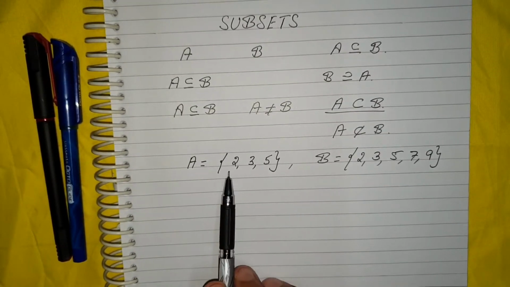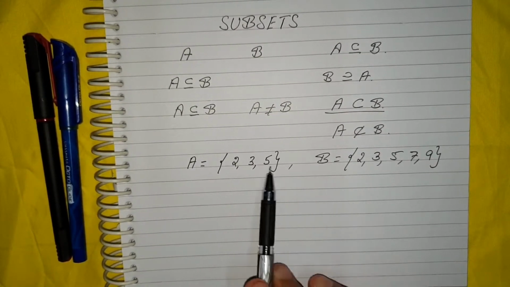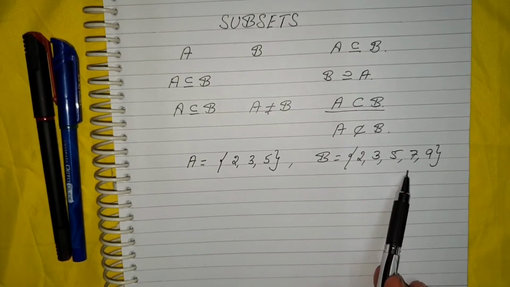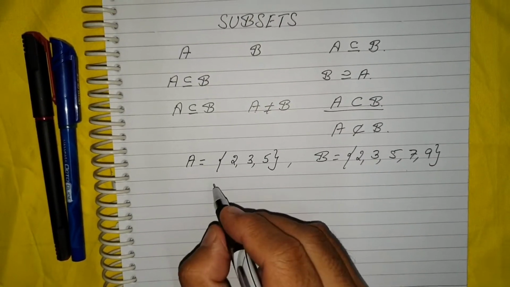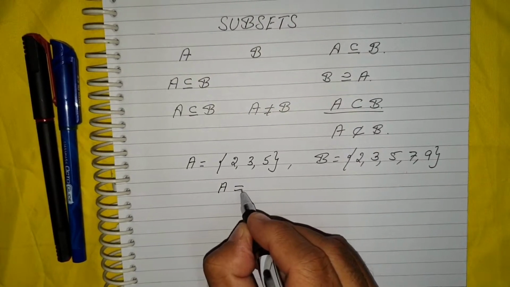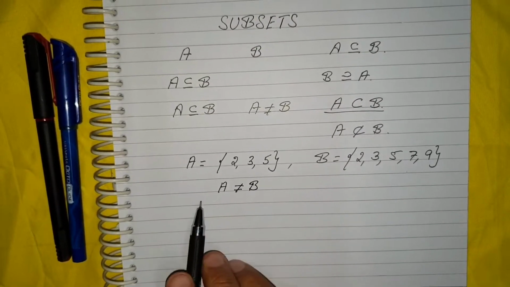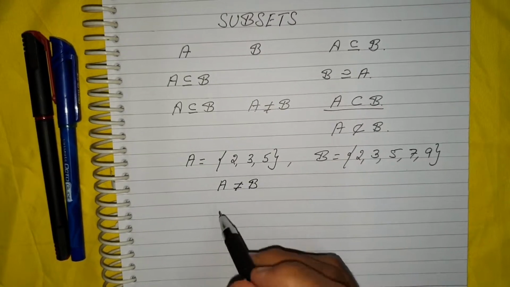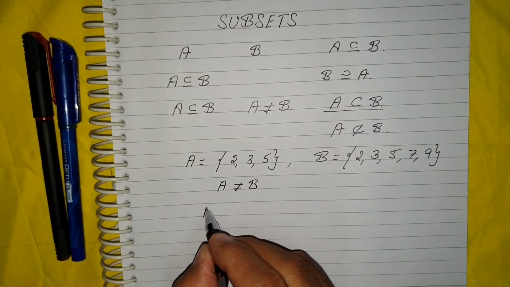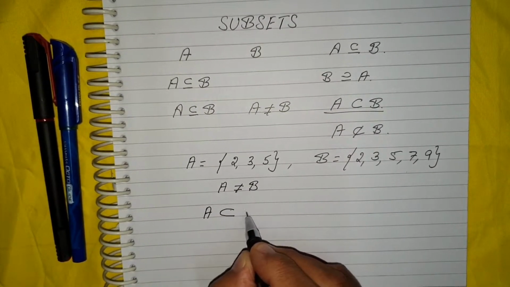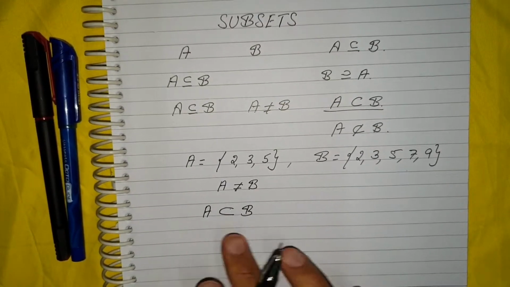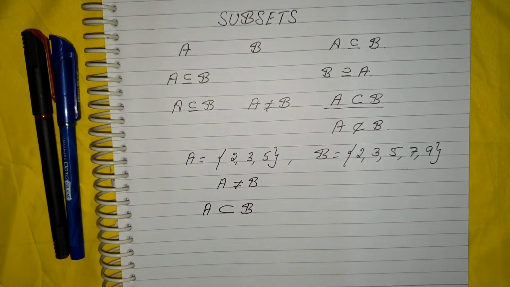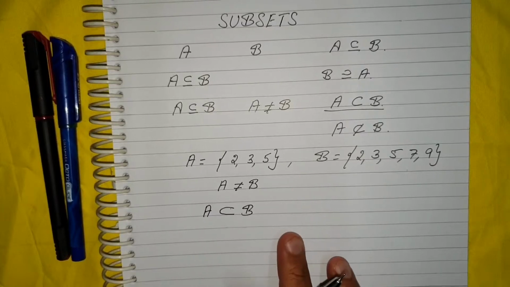As you can see, every element of A, like 2, 3, 5, is in B, and A is not equal to B. So this applies: A is a proper subset of B.